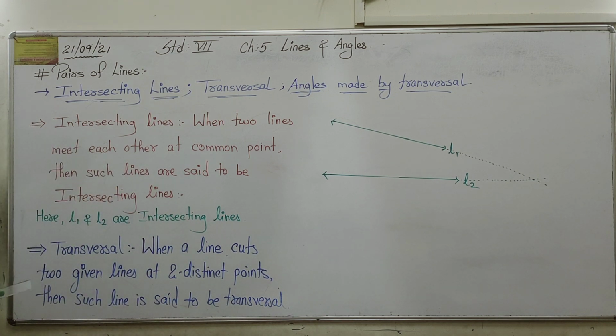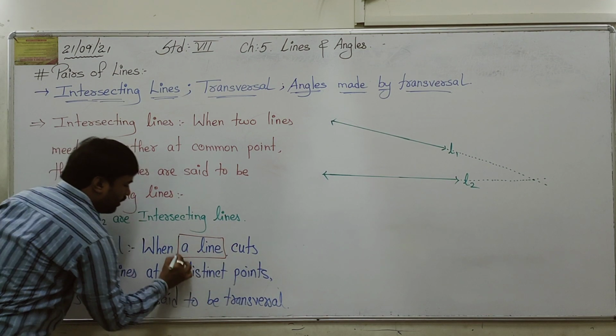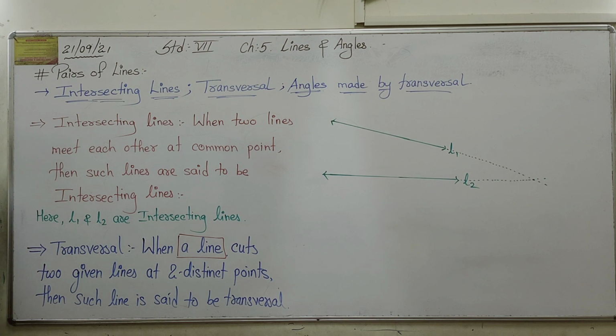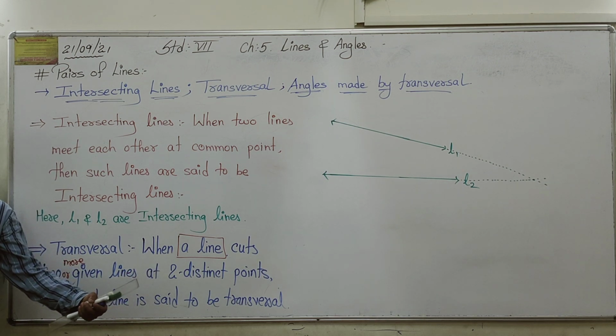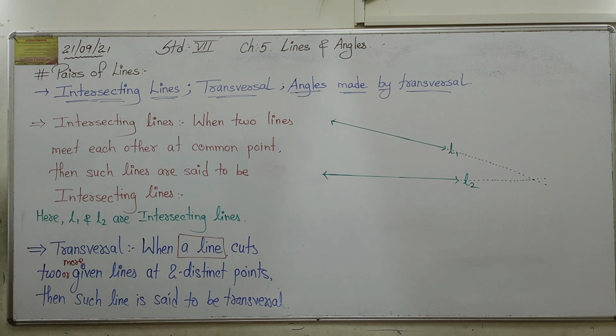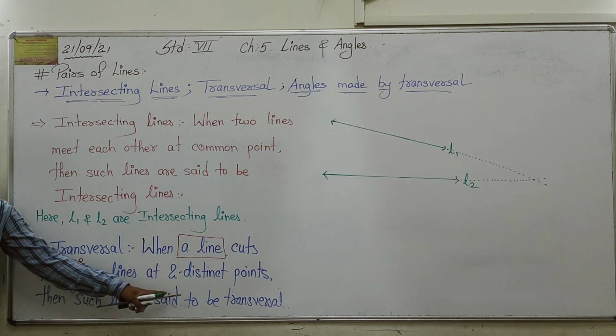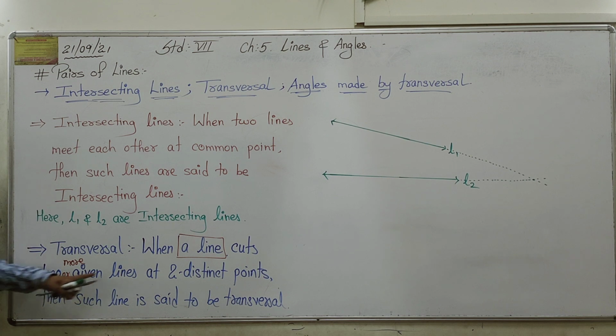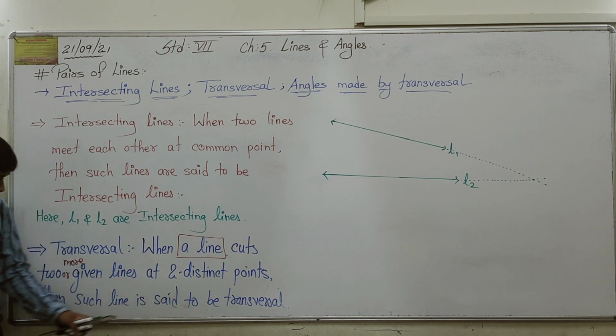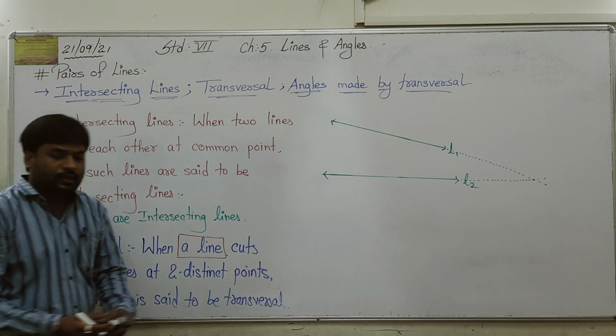It cuts, meaning intersects, two or more given lines at two distinct points or some distinct points. When there are more lines there will be distinct points, and when there are only two lines it will form two distinct points. Then such line is said to be transversal.